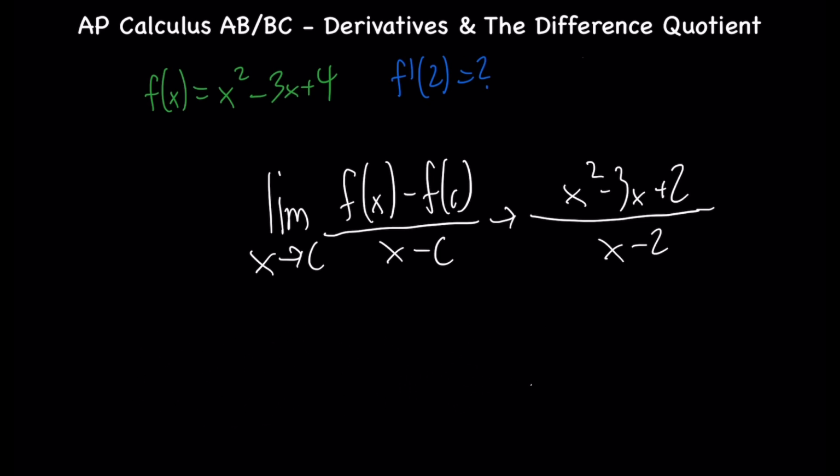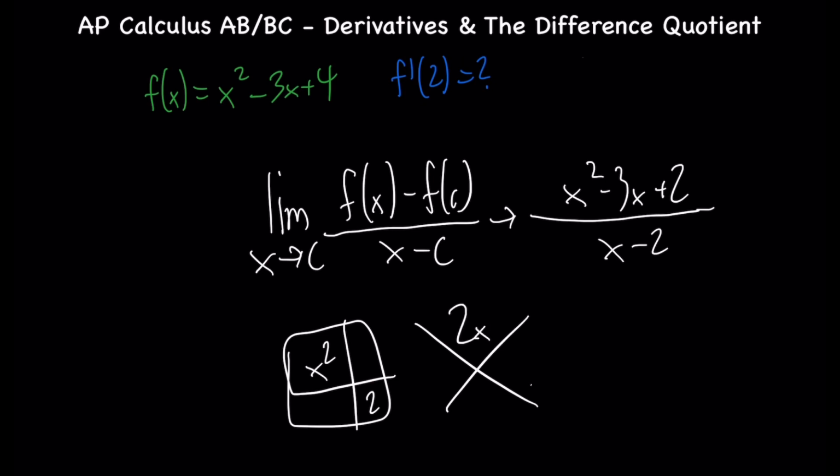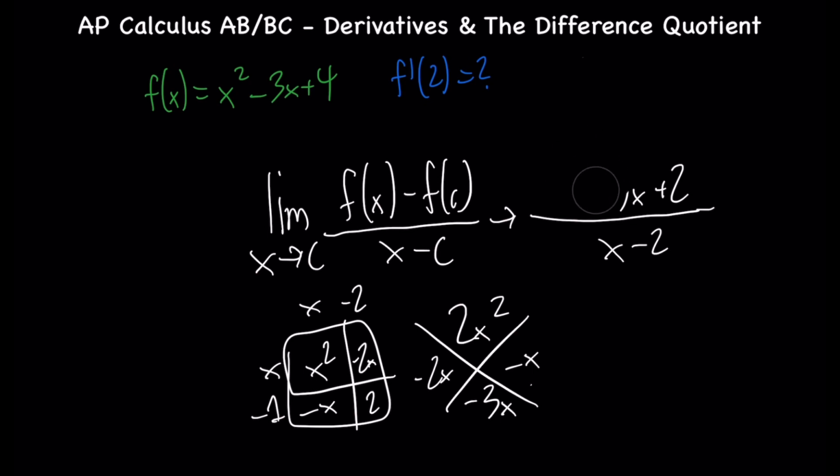What you can do here, you factor. You factor there. These cancel out, and you're left with x minus 1.